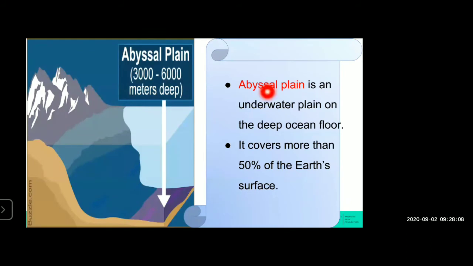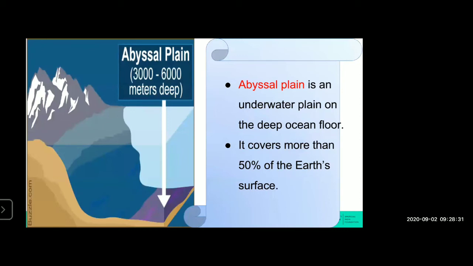An abyssal plain is an underwater plain on the deep ocean floor. It covers more than 50% of the Earth's surface.